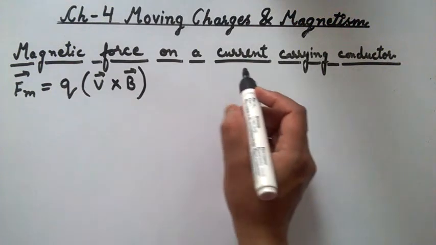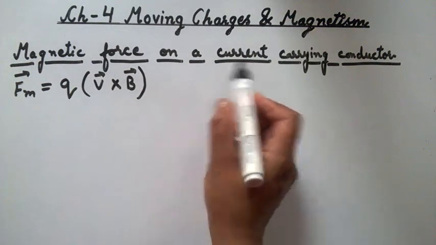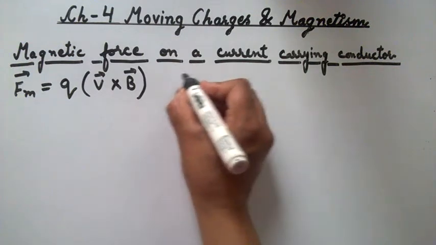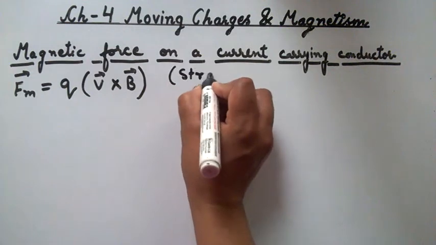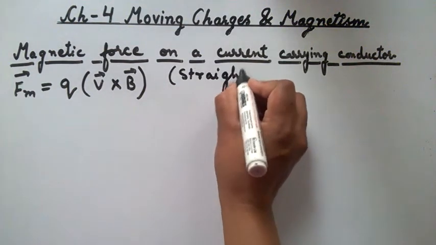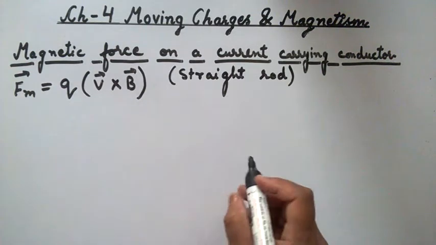Here we will calculate the value of the magnetic force experienced by a current carrying conductor. Here the current carrying conductor we are taking as a straight rod, which has some considerable size and length.